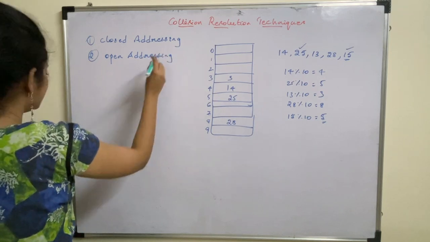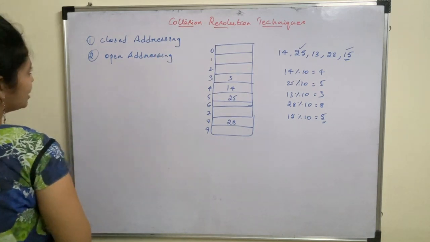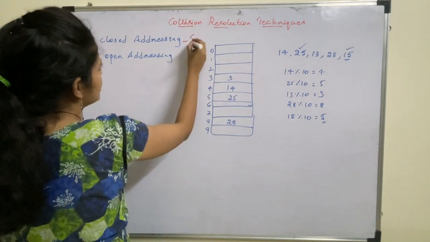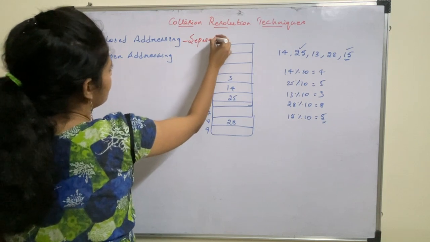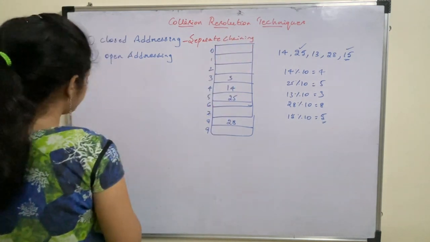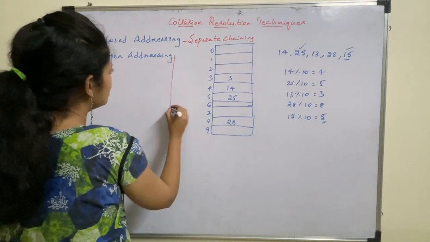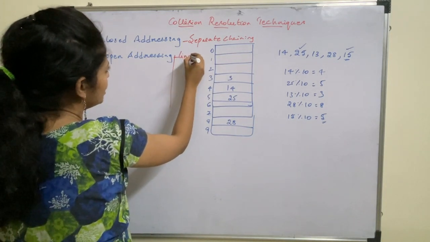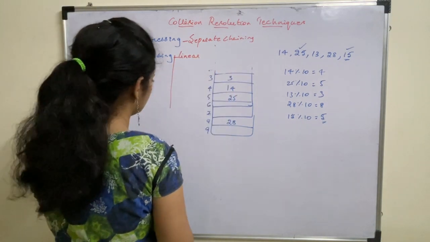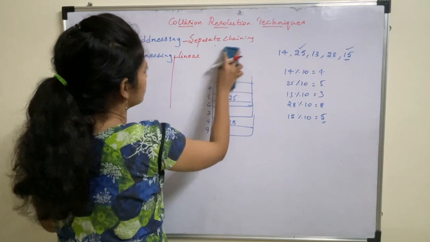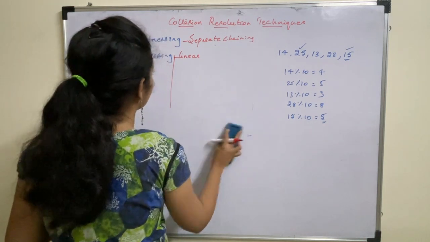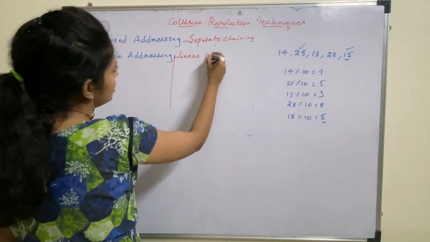So in closed addressing, we use a method called separate chaining. Whereas in open addressing, we use linear probing.